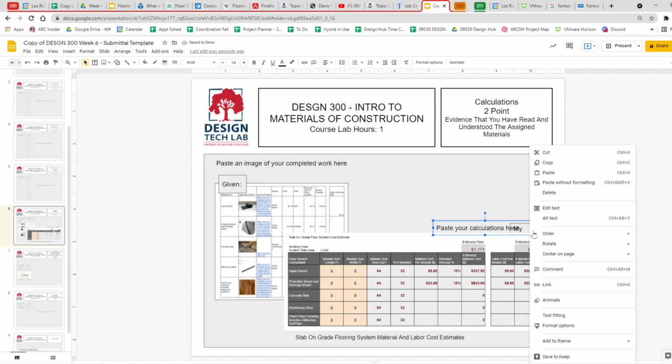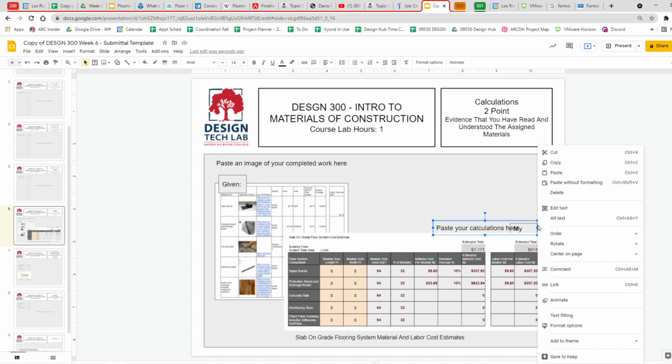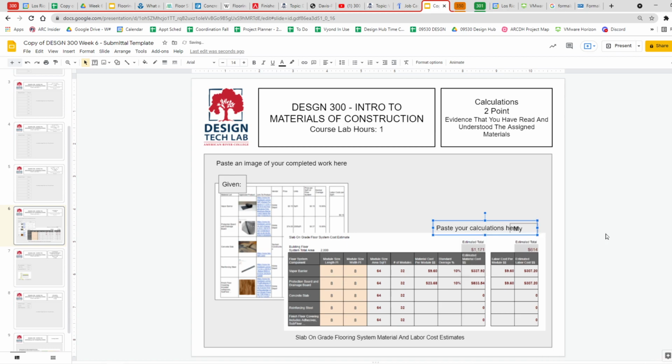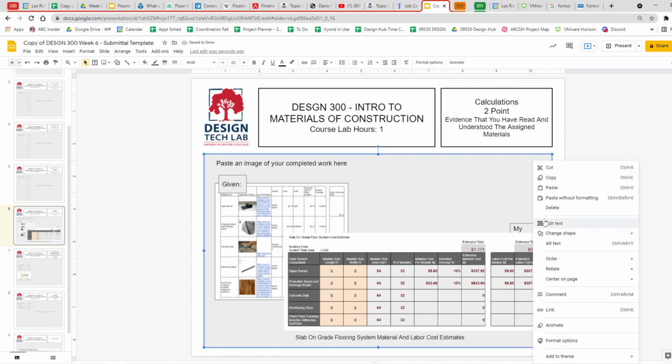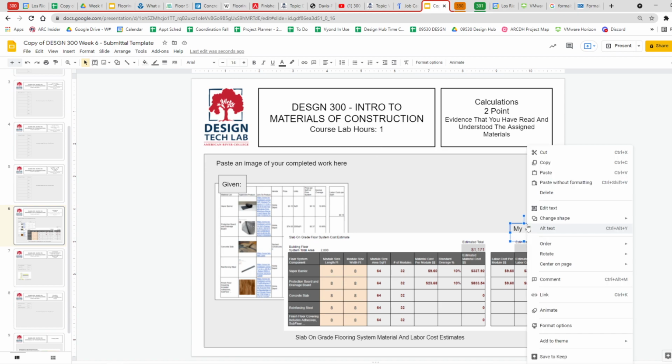And that one needs the draw order, to bring to the front.